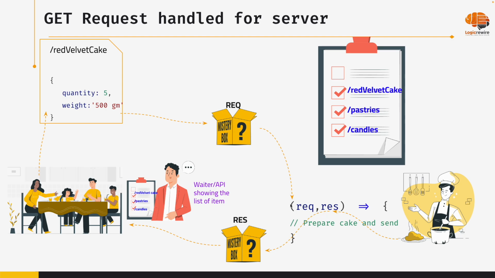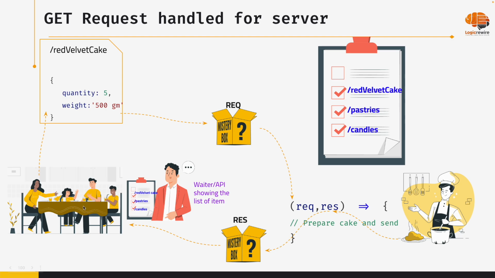On the server side, in the request object, the server will take all this data, like the URL and body data, and then start doing the preparation. They will prepare the data, and whatever food or cake is prepared, they will send to the response, and from the response to the response box, and it will go to the client. So the client will get that response. The waiter will be there to show the menu list to the client.